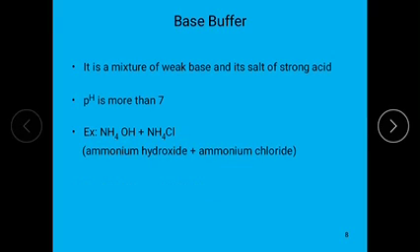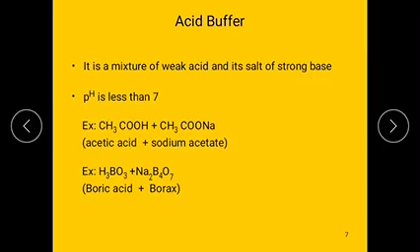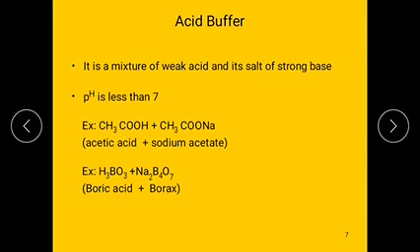Let us recap acidic and basic buffer solutions. A buffer solution is defined as a solution which resists the change in pH value with the addition of strong acid or strong base to the neutral solution. There are two types: acidic buffer solution and basic buffer solution.